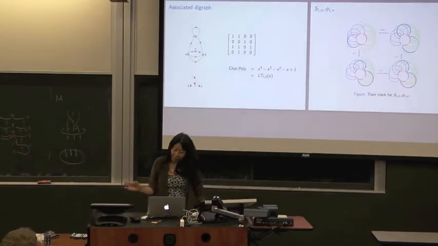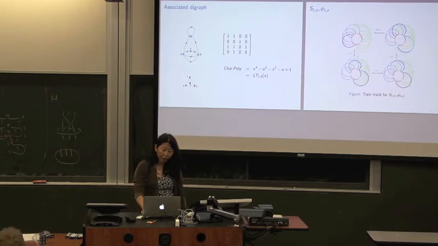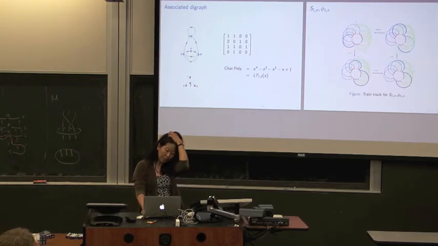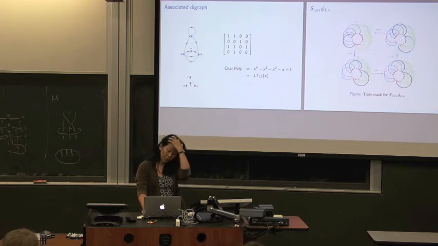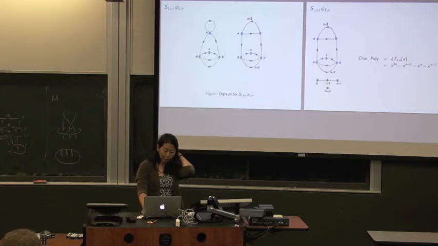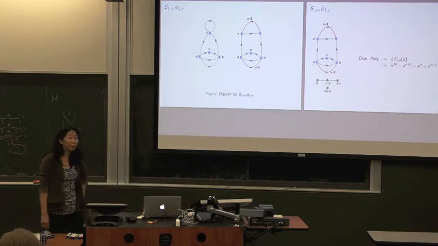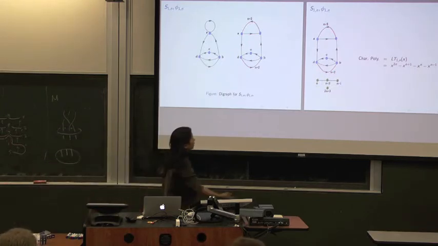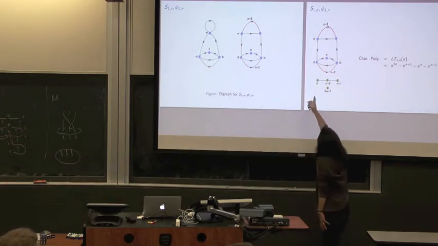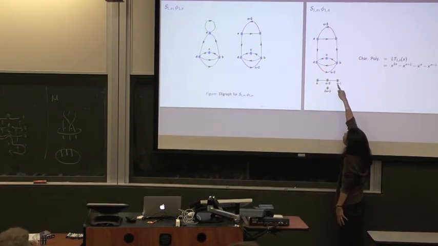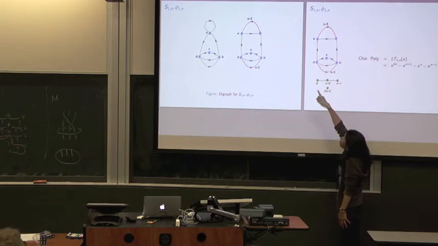So without even using the train track map, if you know the digraphs, then we can compute the characteristic polynomial. So think of it as an alternate way of computing the characteristic polynomial. So in this case, we know that we get a string of vertices, and n minus 2 vertices along these edges.